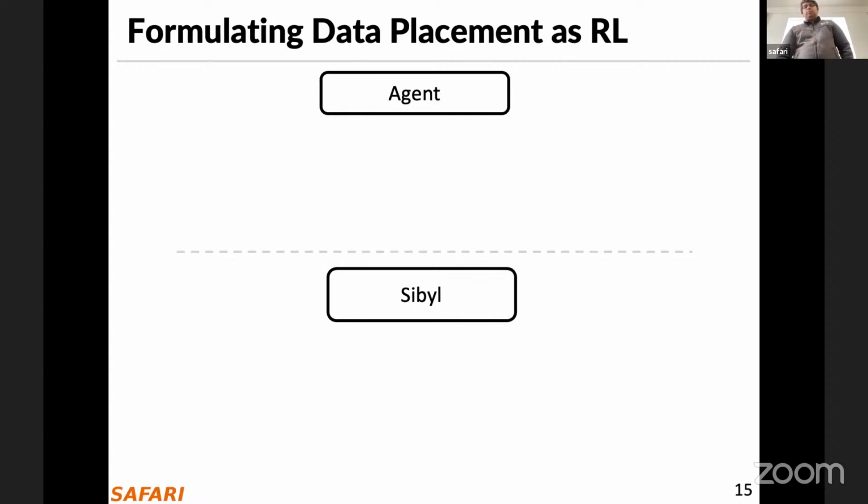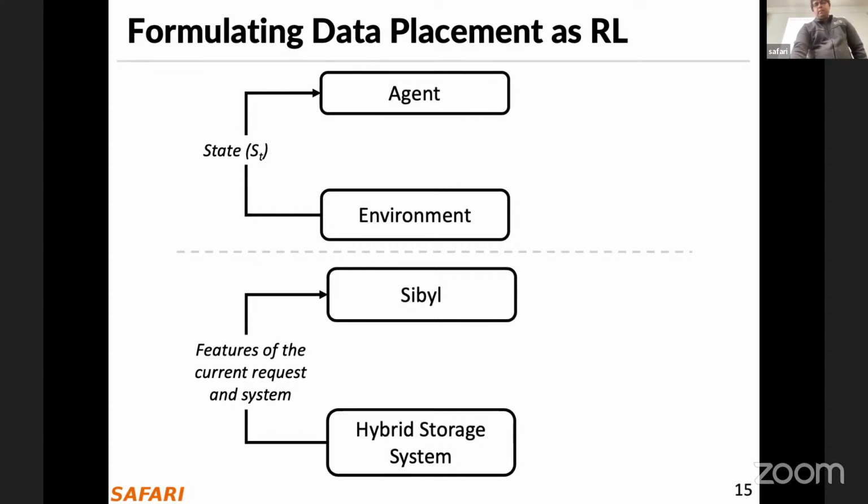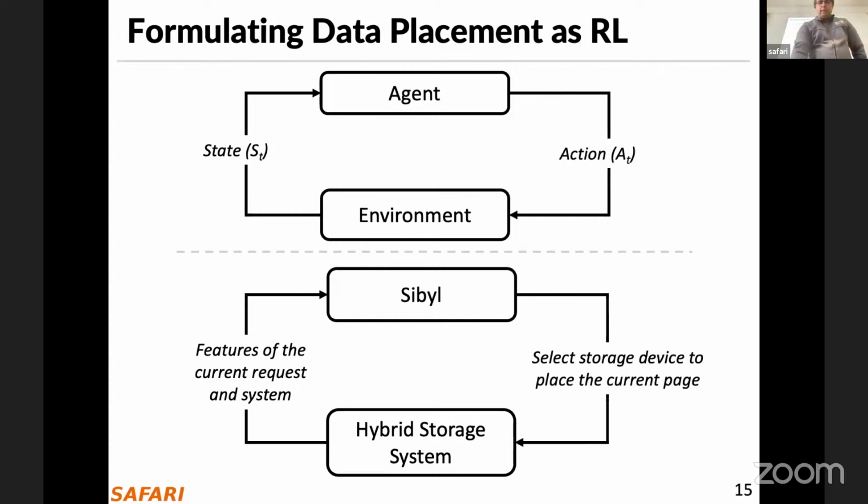So we look at how we map Sibyl to this kind of a framework. Instead of an agent, we have Sibyl. The environment is the hybrid storage system, and the state is represented by features of the current request and also the system. The action is to select a storage device to place the current page.